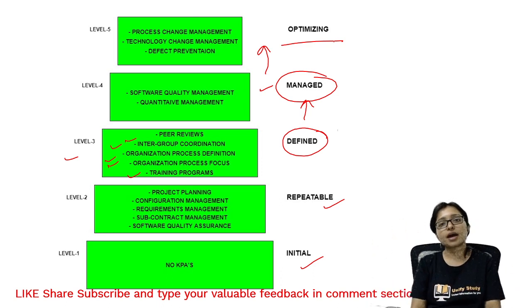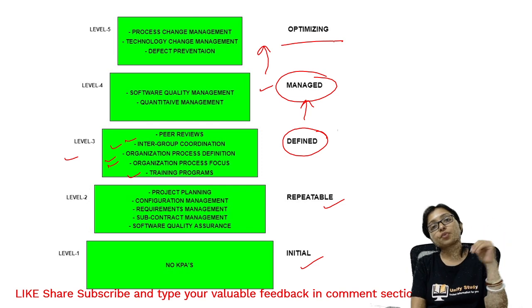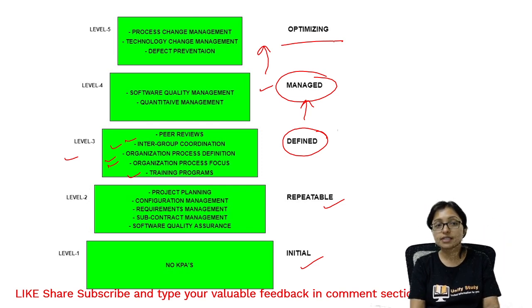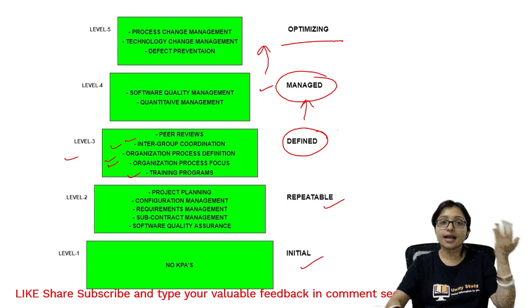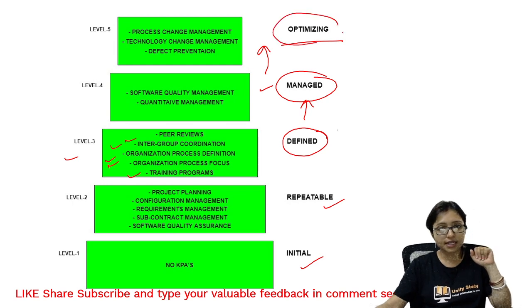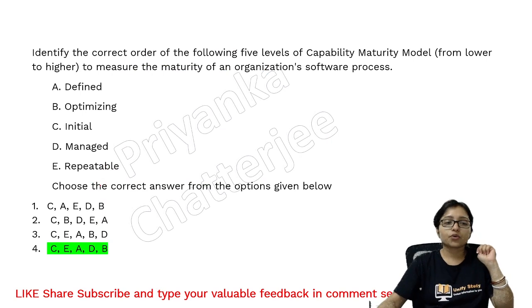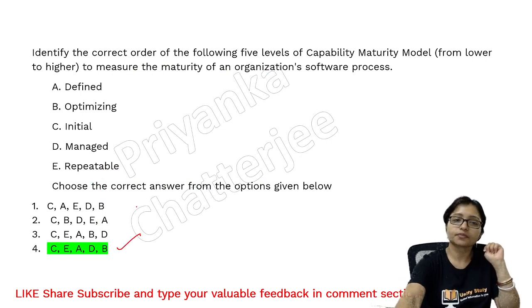Now as per the market, you have to change the process and the technology also, so that you can get an optimized output, an optimized result. These are the highest level companies, CMM level 5 companies. They are called the optimized or optimizing level. So these are the 5 levels of CMM, and according to that, definitely the answer will be this.